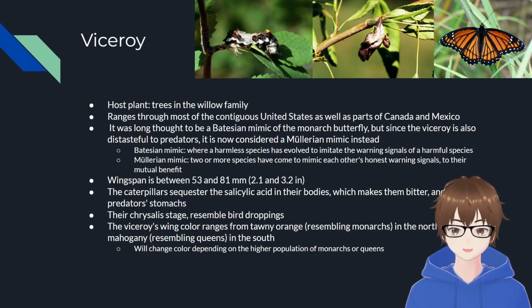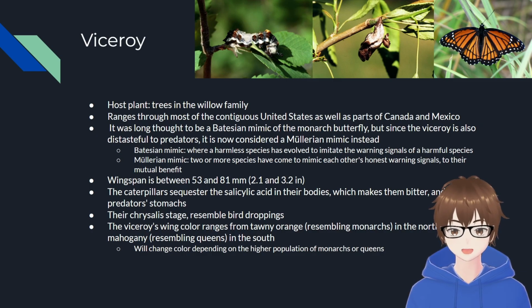So basically, they thought that the viceroy was not toxic like the monarch, so it was mimicking a monarch to not get eaten. But they've actually figured out that the caterpillars of the viceroy also sequester an acid in their body which makes them bitter and upsets the predator's stomach like the monarch.